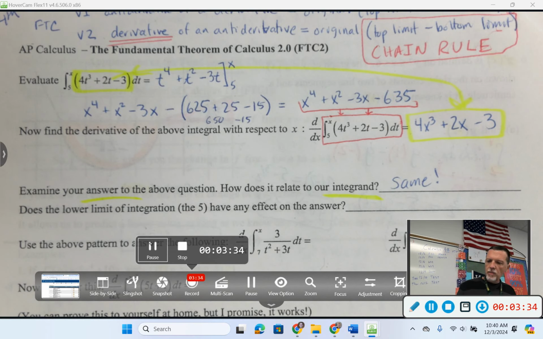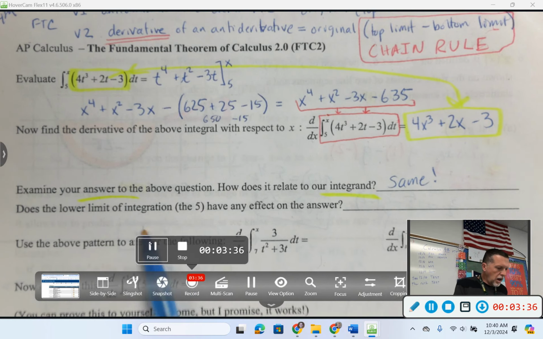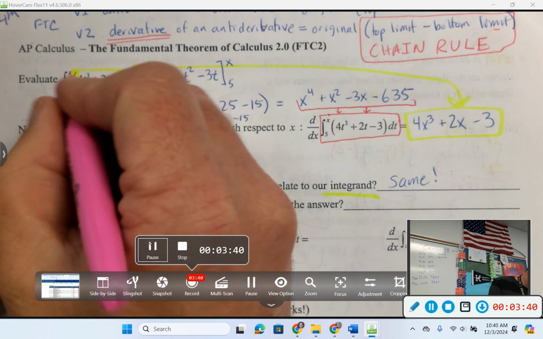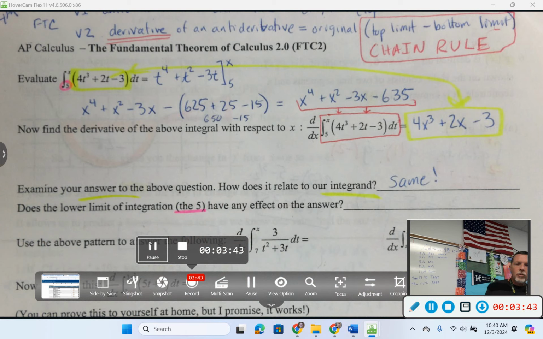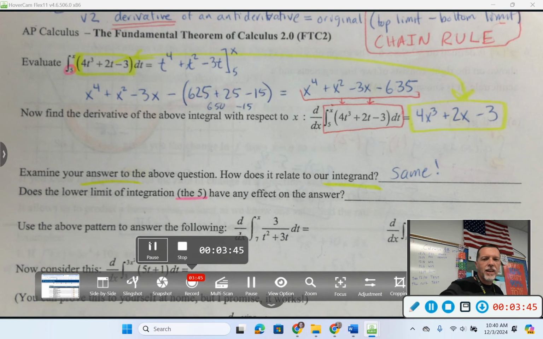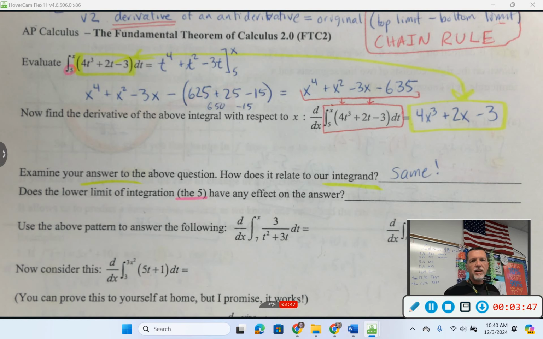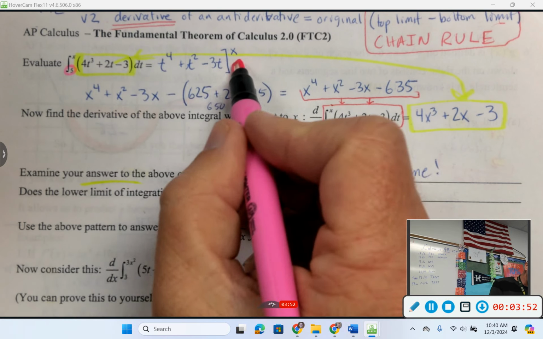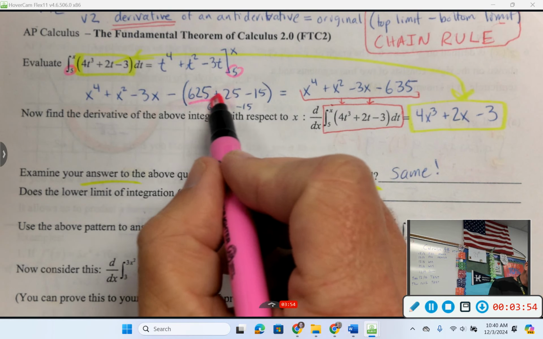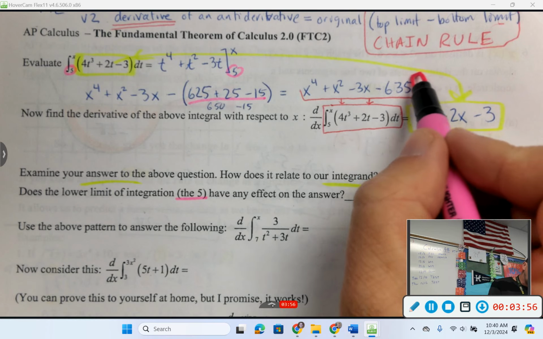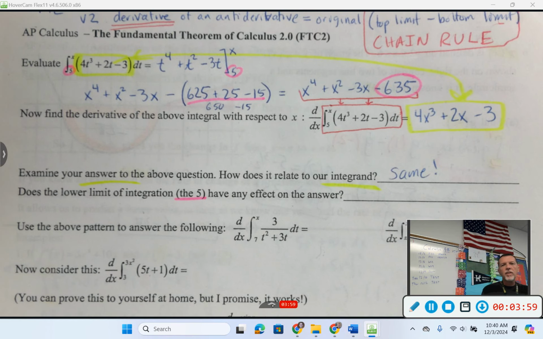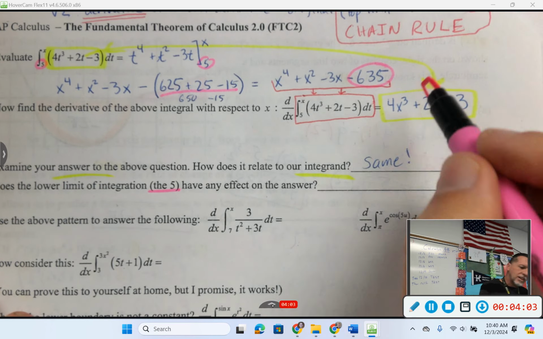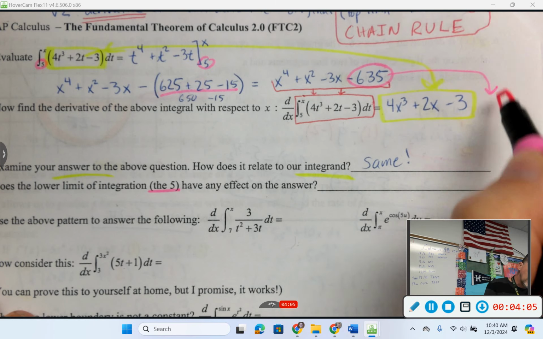Okay, but there is something going on. That lower limit, the lower limit of 5 here. What effect did that have on the answer? See if we can trace it through. There's the 5, there's the 5. It becomes all of this, which becomes 635. And what was the derivative of 635? 0. I didn't even write it down.